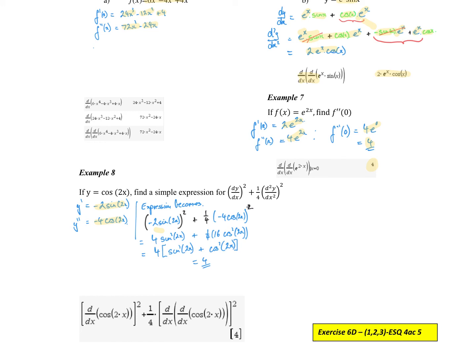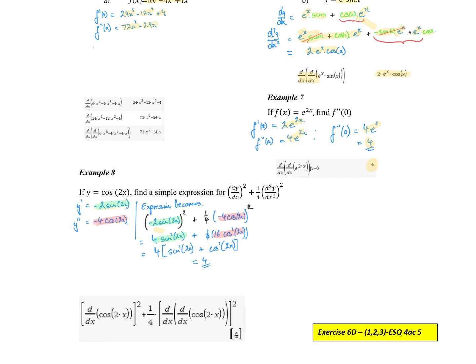So if I substitute those expressions in, so I guess if we substitute dy dx in, I get negative 2 sine 2x all squared, which is 4 sine squared 2x. If I substitute negative 4 cos 2x in for the second derivative and square that, I get 16, negative 4 squared, 16 cos squared 2x.